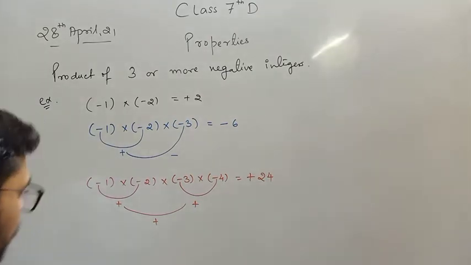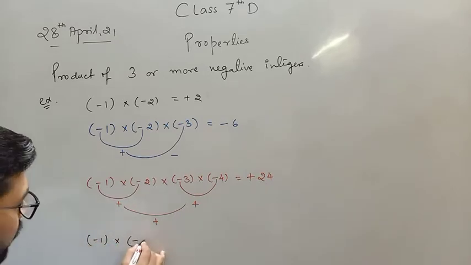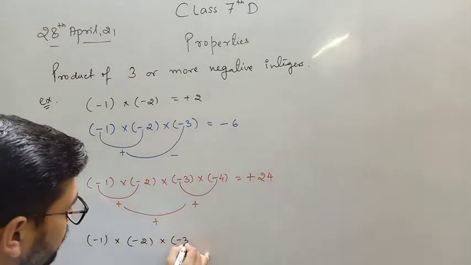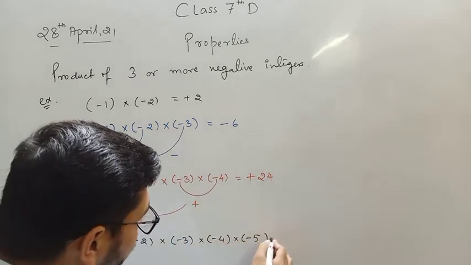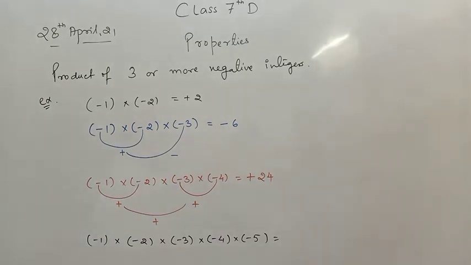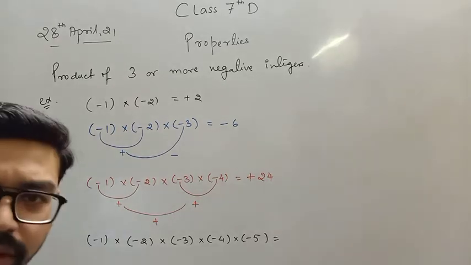Okay, now let's take another example. -1 into -2 into -3 into -4 into -5. Now how many terms are there? Now I have 5 negative integers. That means the minus sign is appearing 5 times in this expression.